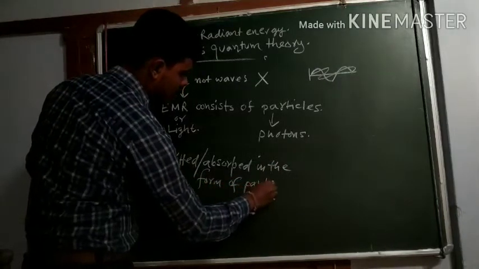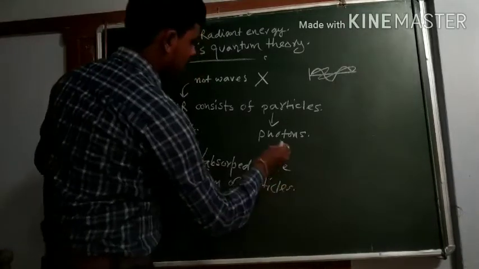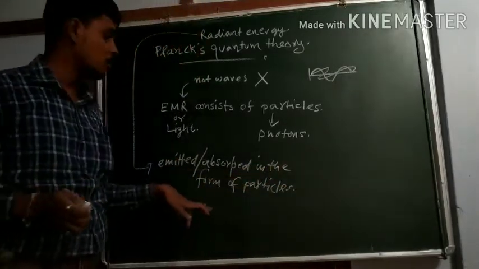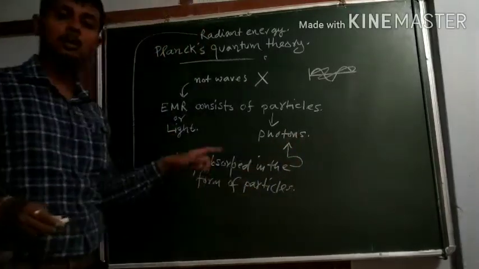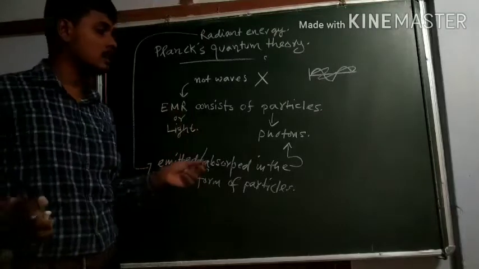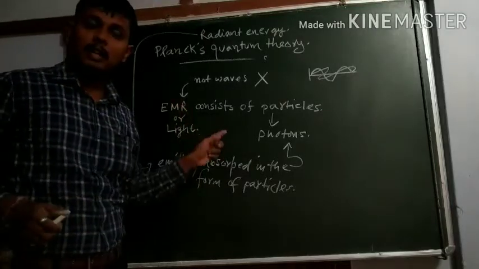Okay, so radiant energy is emitted or absorbed in the form of particles called photons. So photons are particles, the particles that make up light are called photons.